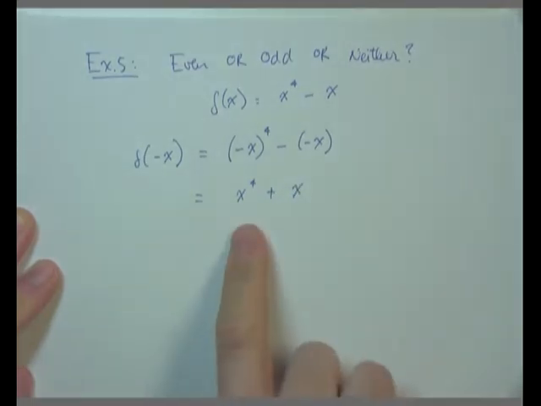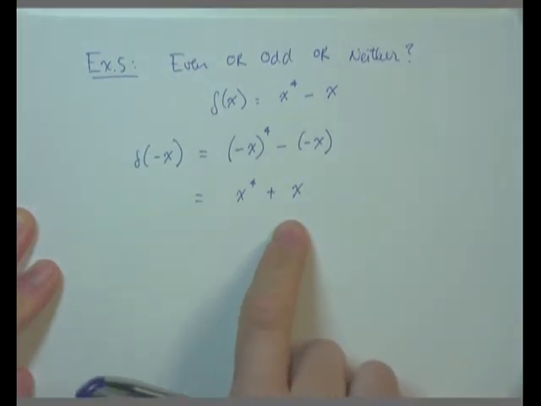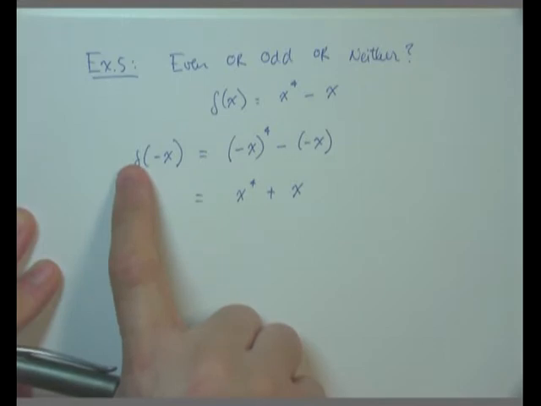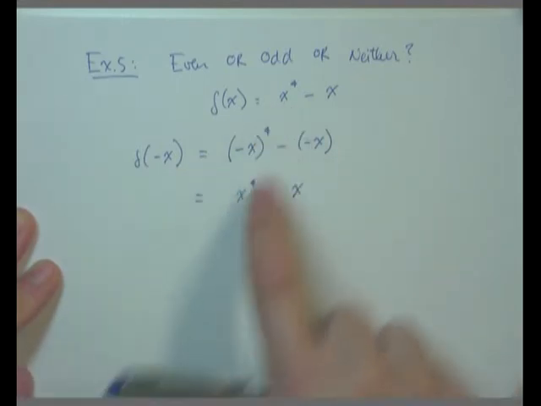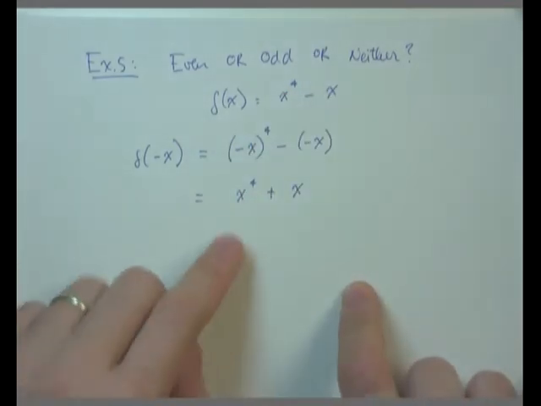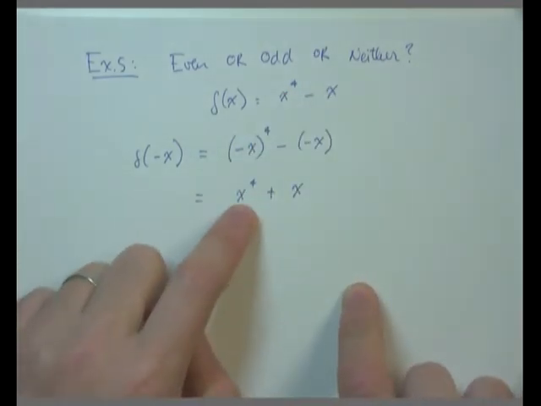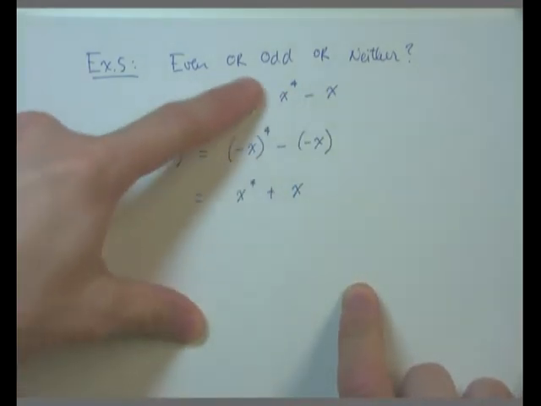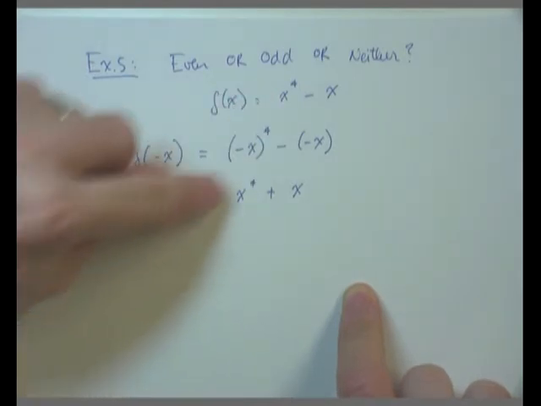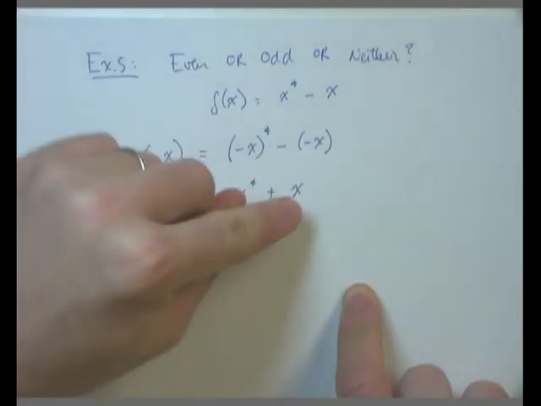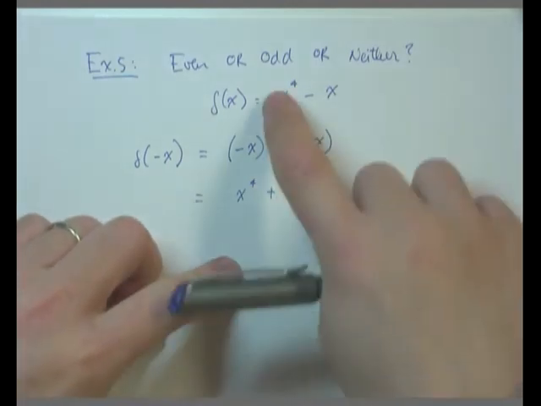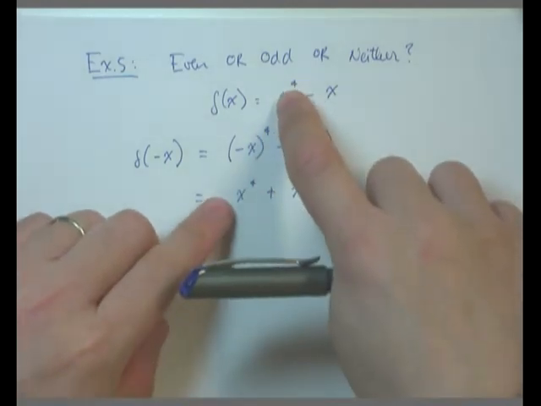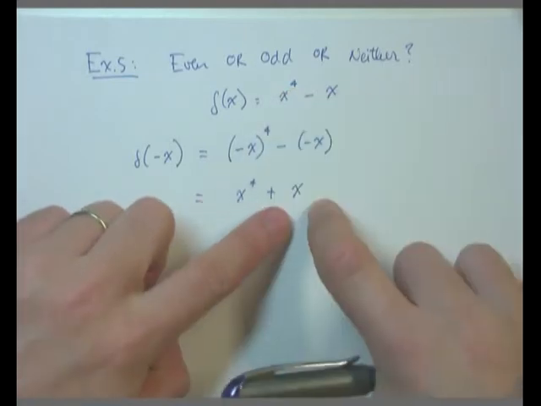So here's my final expression after I evaluate the function at minus x. But look at what's happening here. If you compare the two functions term by term, in terms of the x to the 4th, it stays the same. The first term remains the same, but the last term, the x term, has a switch in sign. So here we have a combination of a term remaining the same sign and another term getting switched in sign.